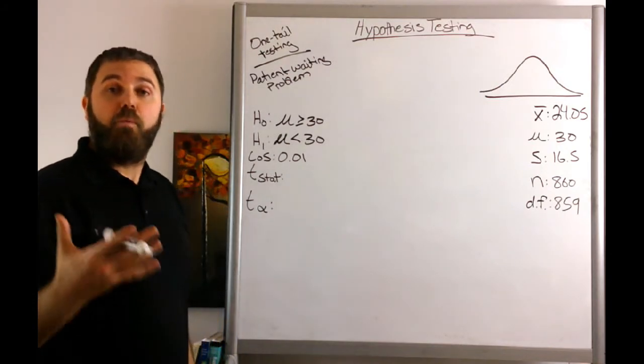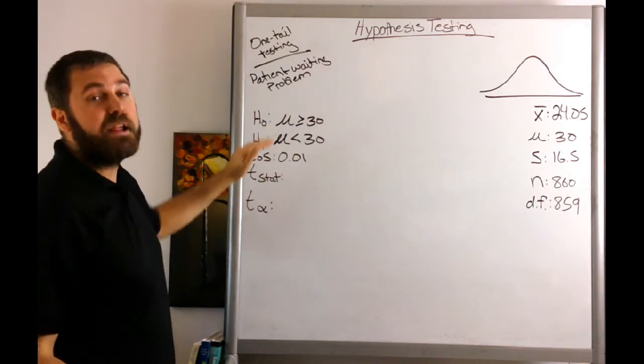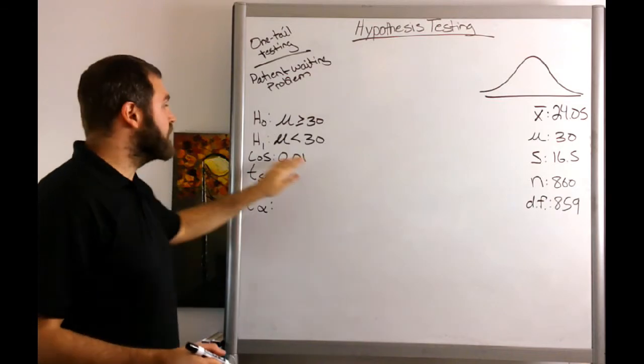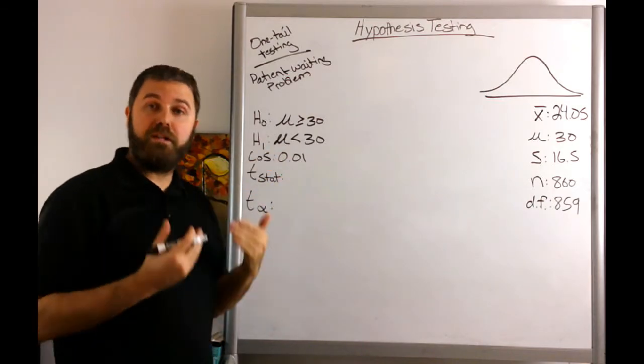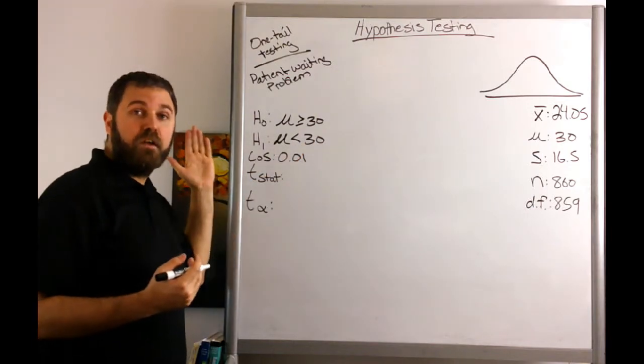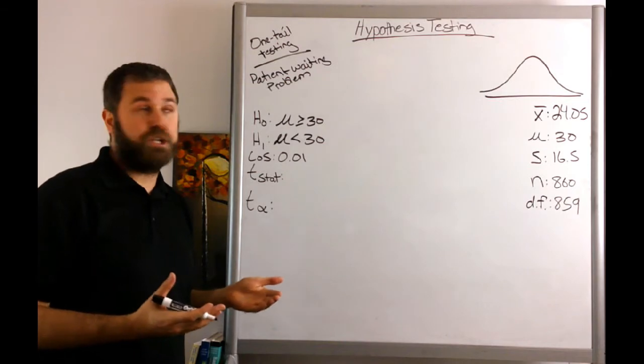We know we're doing a one-tailed test because we're looking at less than and greater than. In a one-tailed test, the alternative hypothesis always points towards the region of rejection. Because it's pointing to the left, we know that we're in a lower tail region of rejection.